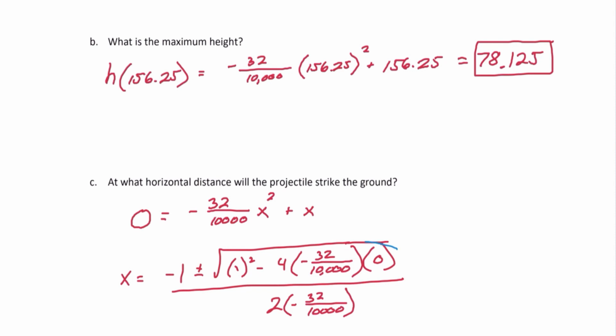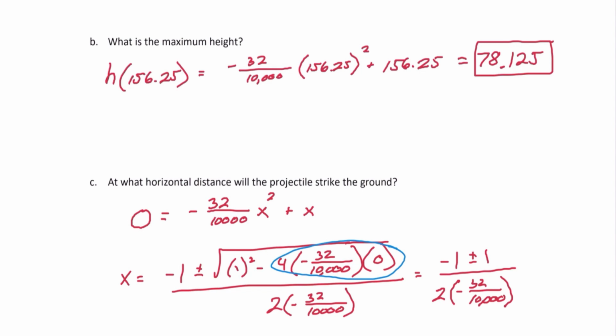Notice that this piece is just going to go away to 0. So we have negative 1 plus or minus the square root of 1, which is 1, all over 2 times negative 32 over 10,000.